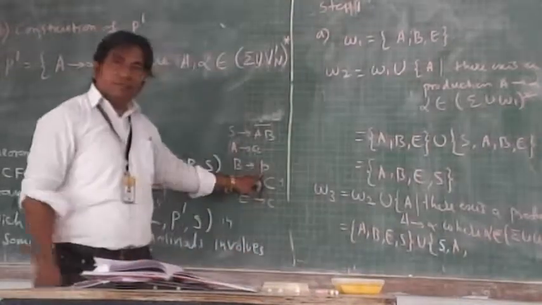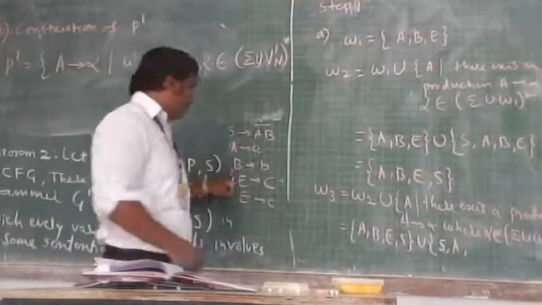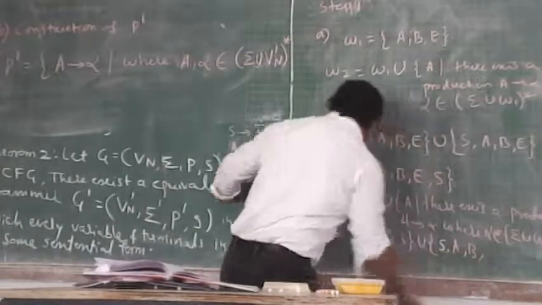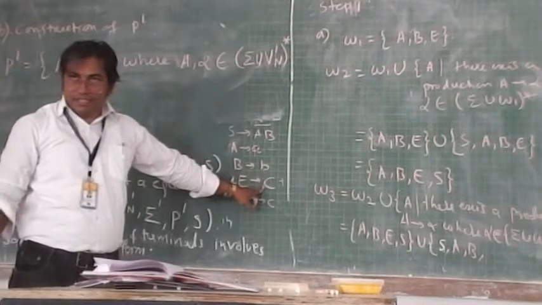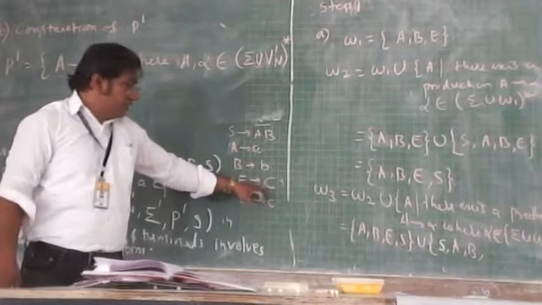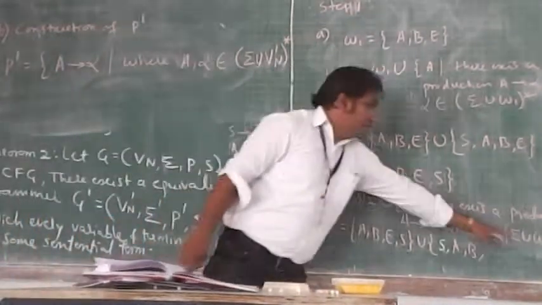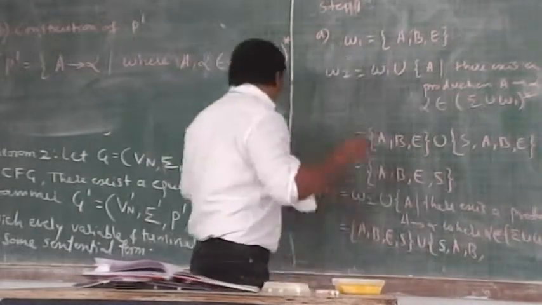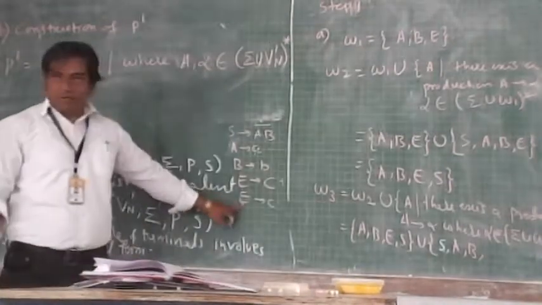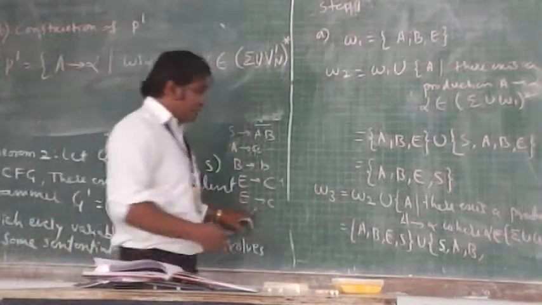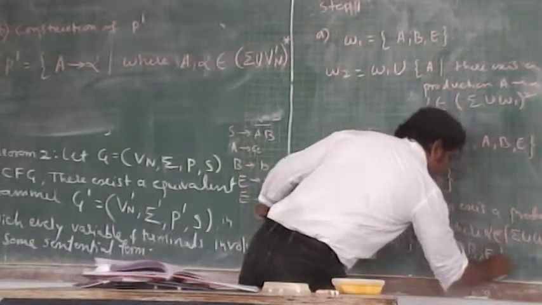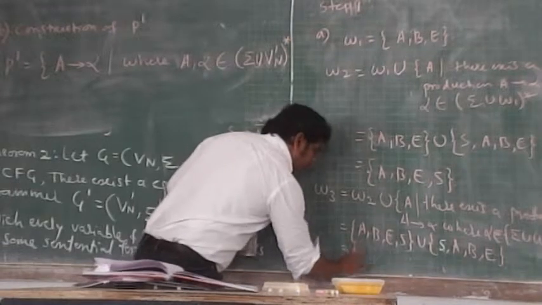Then this production also satisfies that rule, so I can consider B. Does this production satisfy? It doesn't satisfy. C cannot be in this set, so C is excluded. Is this production satisfying? Yes, it is satisfying, so I can consider E. So what ultimately did I get?